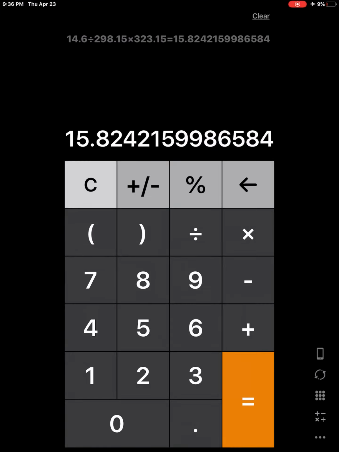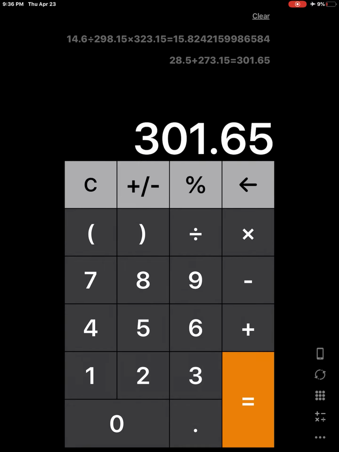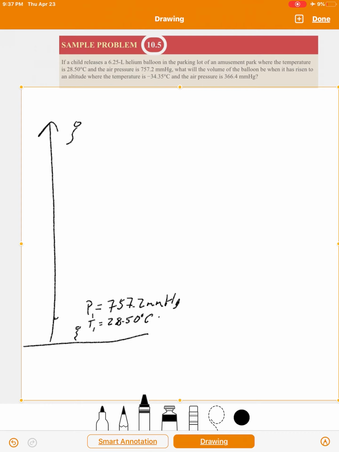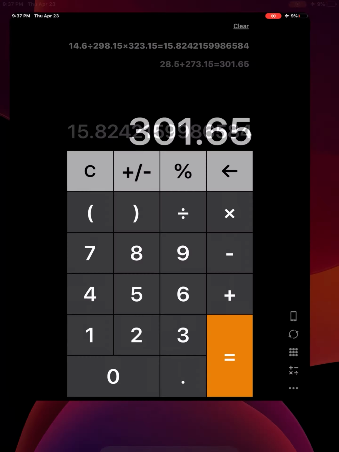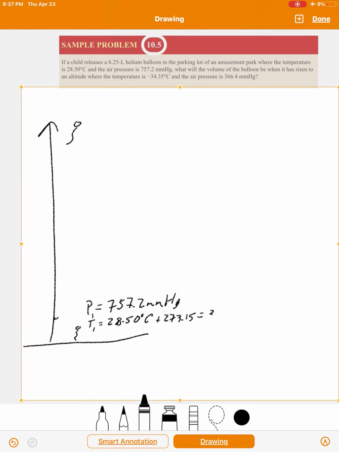So 28.5 plus 273.15 is 301.65 Kelvin. And then we're told that the volume at the ground, V1, is 6.25 liters.